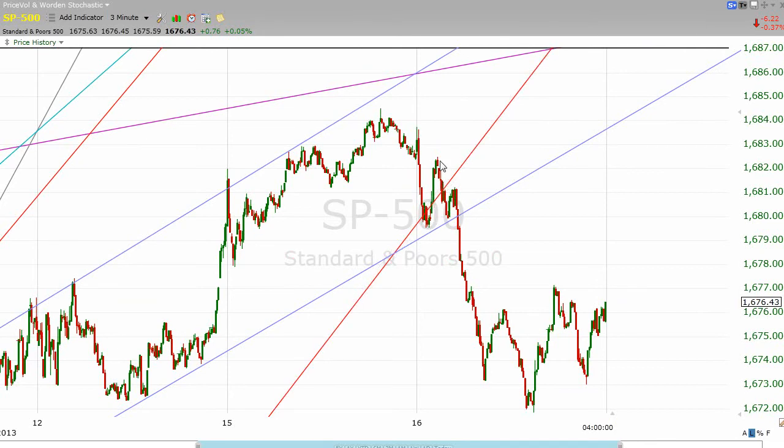It looked like we wanted to try to get picked up here on support from both of these, but both of these are also rising channels, and no channel lasts forever. So we broke the red one again, came back, got a little rally, but then came back down and took out this little blue channel on the 5-minute chart. And you can see that when that took place, it really resulted in a fairly quick loss of roughly, how many points?